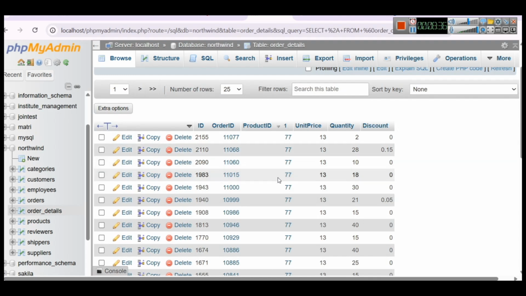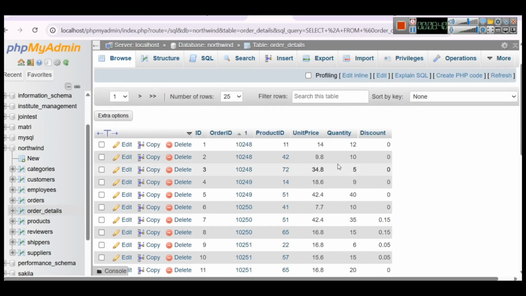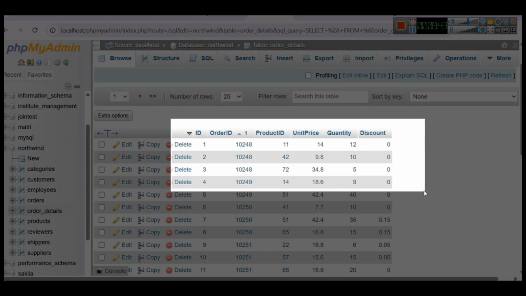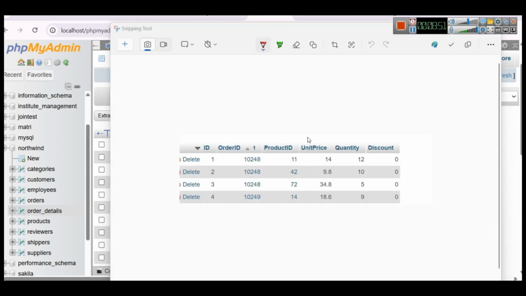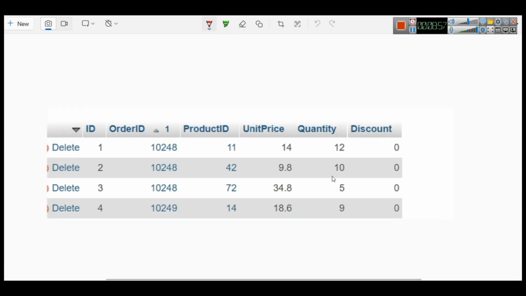Like here you can see, if you arrange it by order ID, let's do a quick screenshot and try to understand here. Because if you understand this table, then our data analysis lectures will become very easy for SQL.